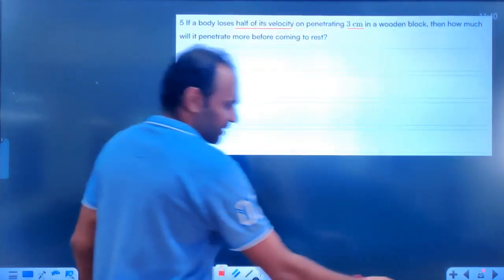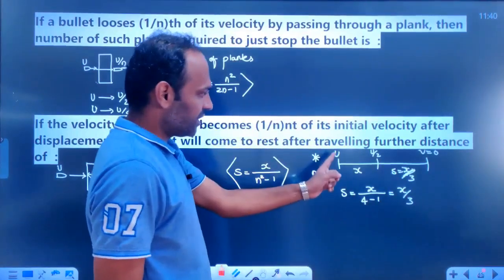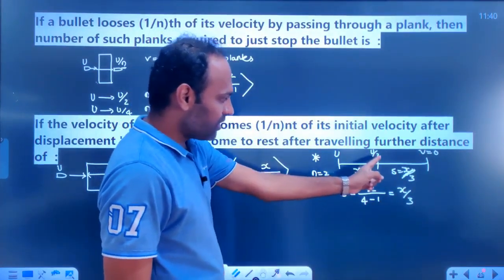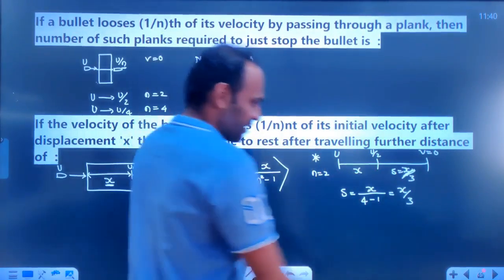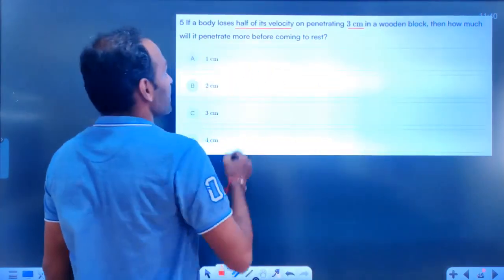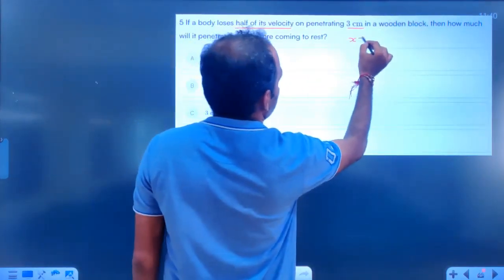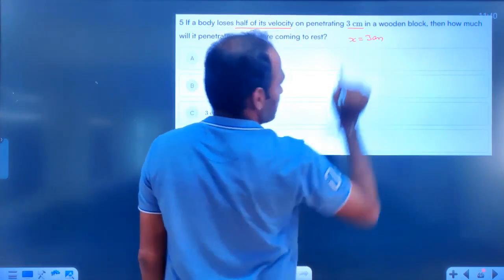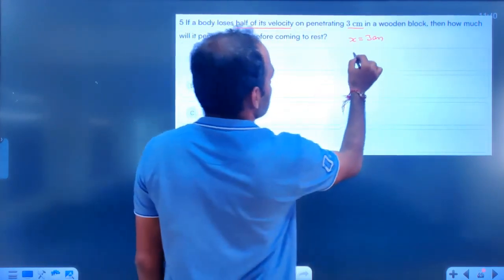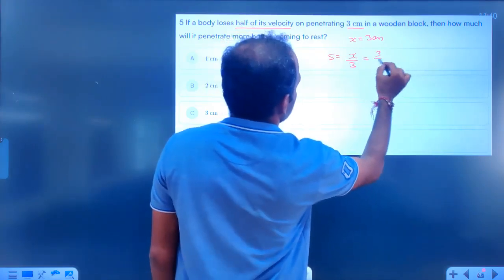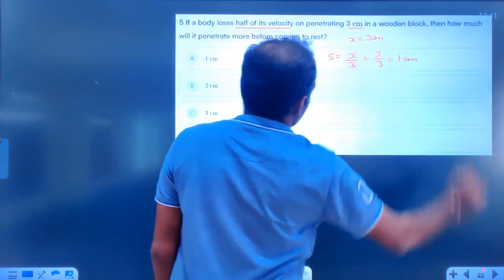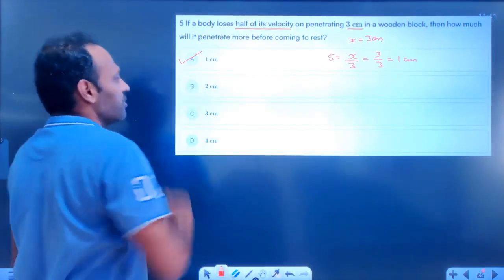The velocity is reduced to half. I told you this case: if it gets reduced to half and the distance traveled is x, then further it has to travel x by 3. The distance traveled x is 3 cm, right? Then it has to travel a distance of x by 3, that is 3 by 3, equal to 1 cm to come to rest. So option A will be correct.